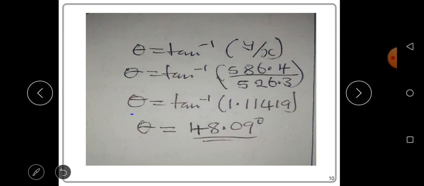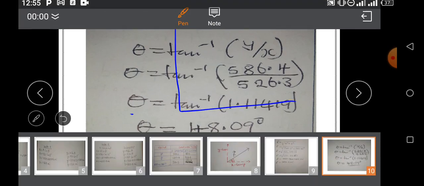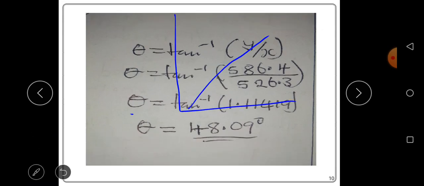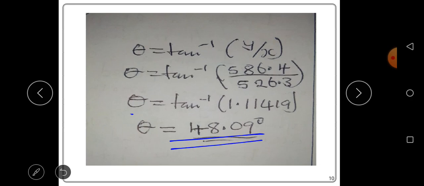So this becomes the answer because we realize that this vector is in the first quadrant. So this is the direction.